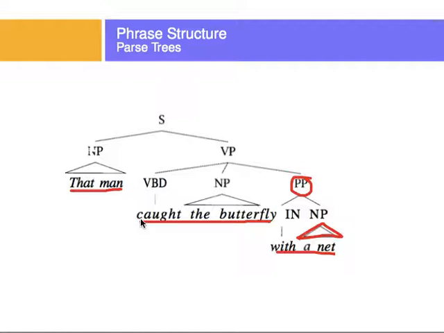Now, caught the butterfly with a net. Caught is the verb, and then the butterfly with a net is the rest of the sentence. That is a verb phrase. That chunk here is a verb phrase because it's headed by a verb, and then it contains information about what happened with that verb. Also, that man contains information about the noun, so it's a noun phrase.